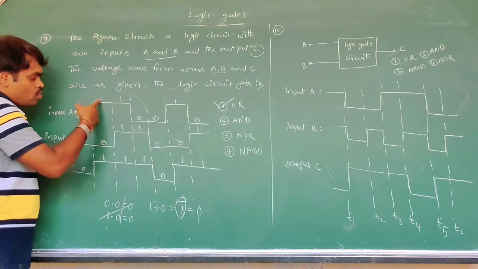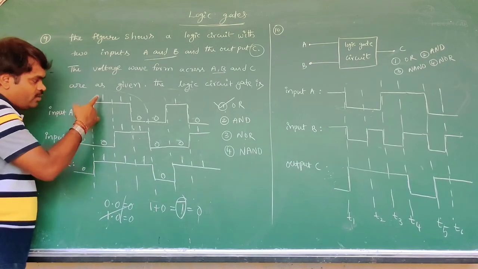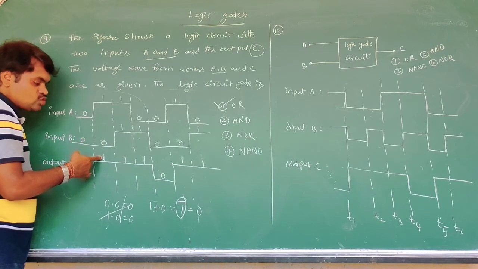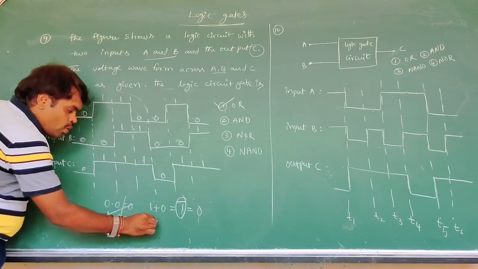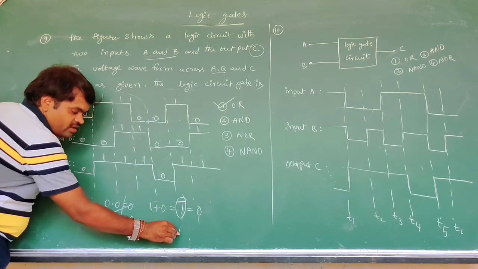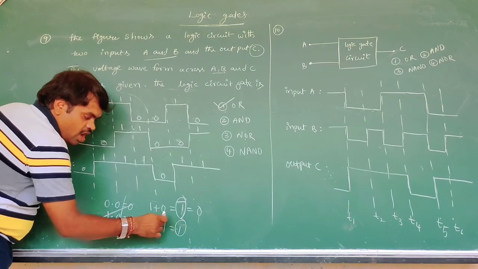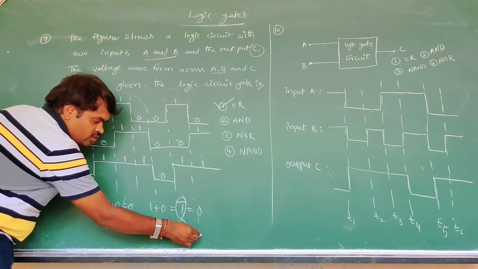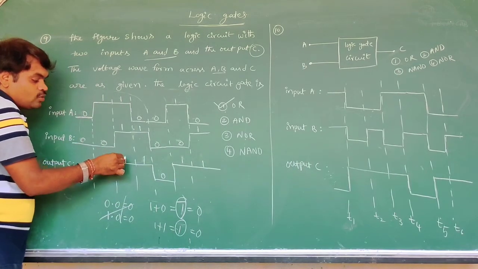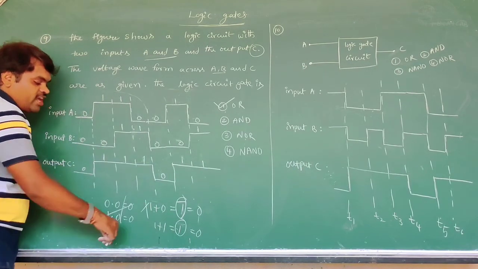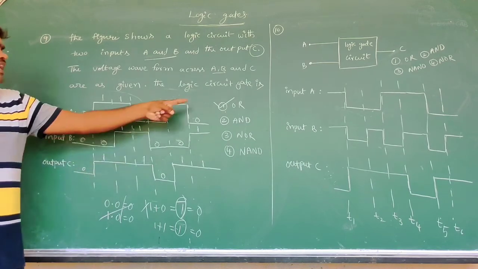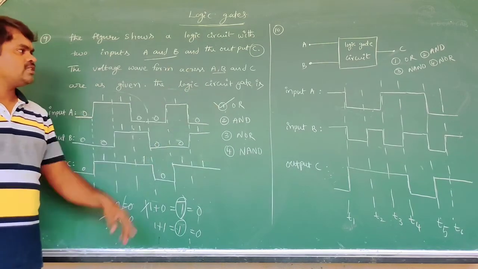But here we got 1. That's why it is never a NOR. So simply we can verify that it is an OR gate.